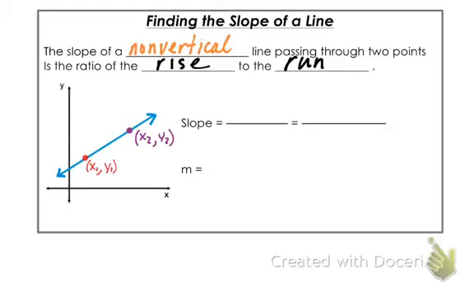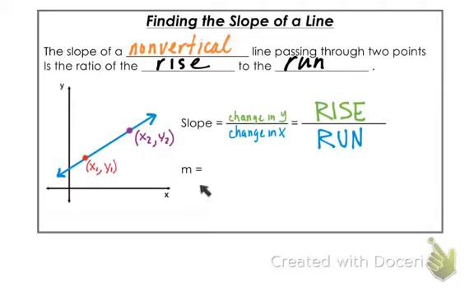Then the slope is measured as the change of y, the difference of one y coordinate to the other, divided by the change of x, the difference of the x coordinates. The change of y is also called the rise, and the change of x is your run.